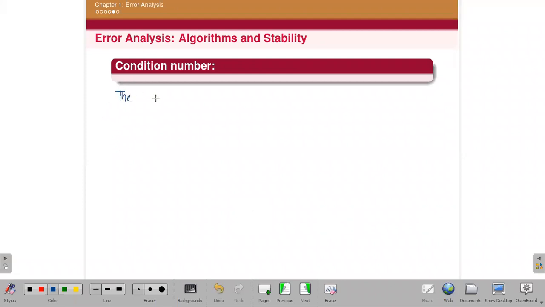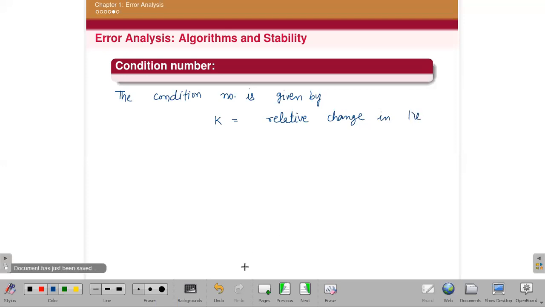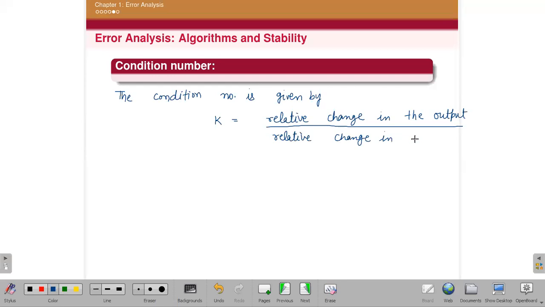The condition number is denoted by either kappa or k, and it is the relative change in the output, taking the ratio of these two, relative change in the input. That is a criteria only.